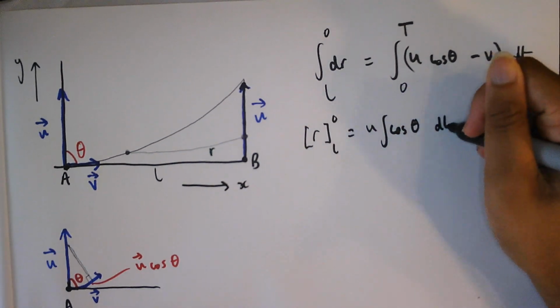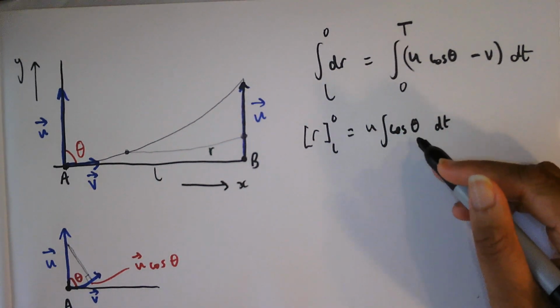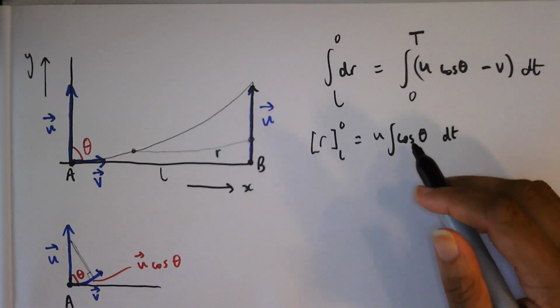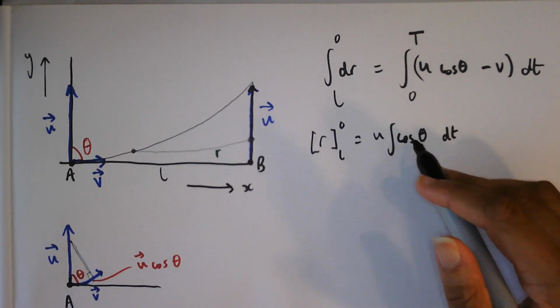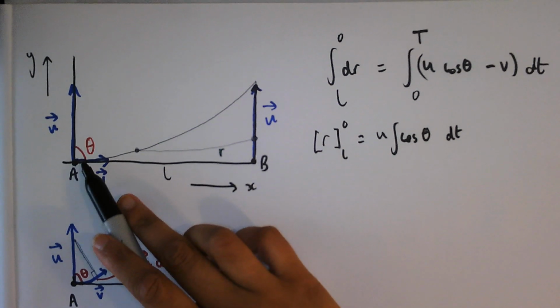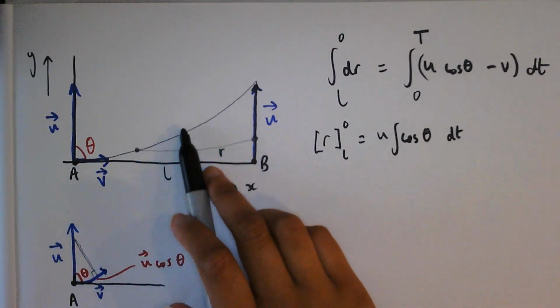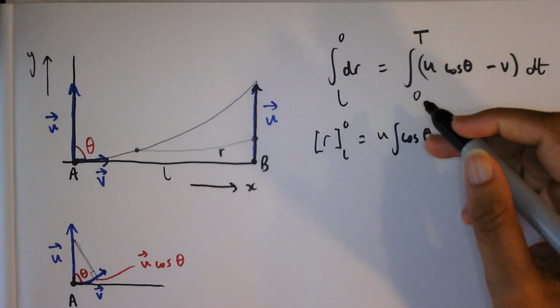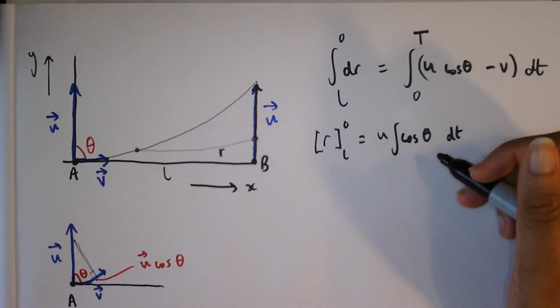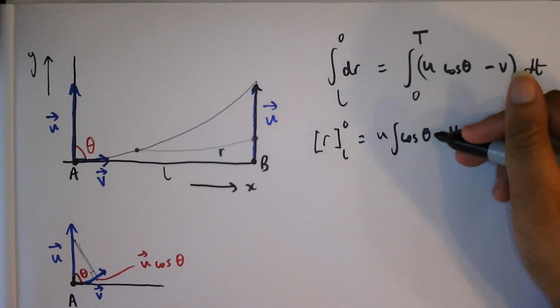Now notice I can't integrate theta at this moment because there is a relationship between theta and t, because theta is time dependent. We can see here that theta is changing as A moves in this curved trajectory, but I don't know the exact relationship between theta and t, so I just leave that inside the integral.